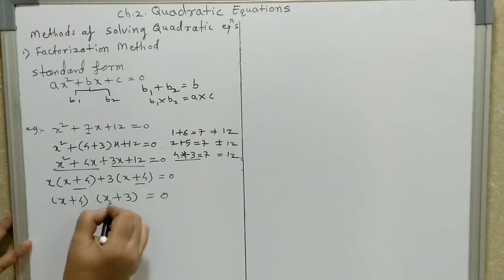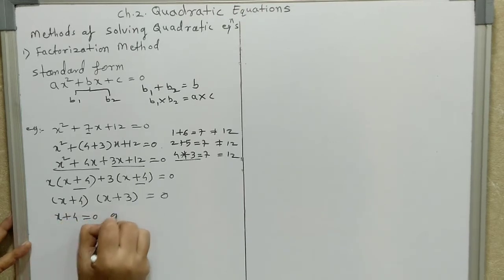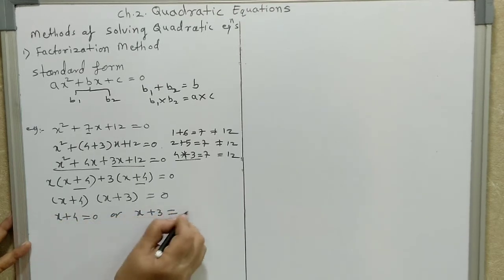Now x plus 4 and x plus 3. In between these brackets, which is the sign? That is multiplication. When the product of two numbers is 0, then at least one of them becomes 0. So we write x plus 4 equal to 0 or x plus 3 is equal to 0.